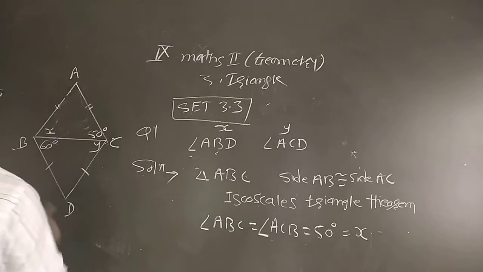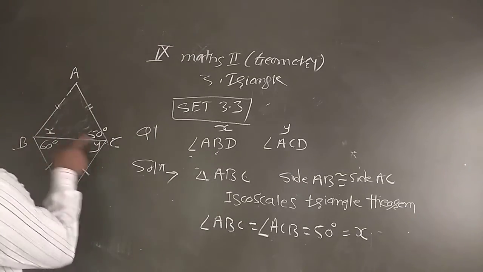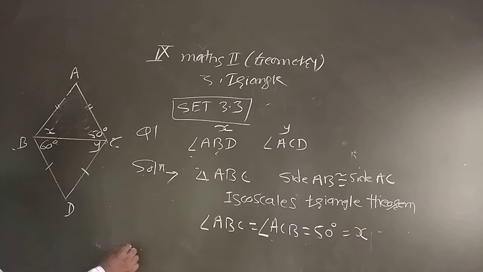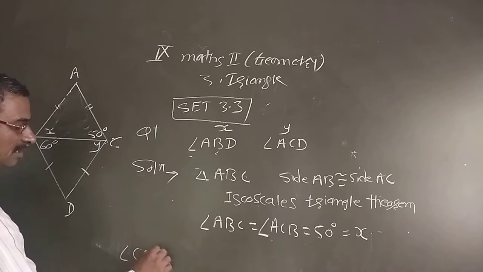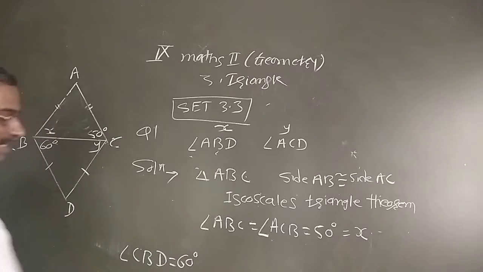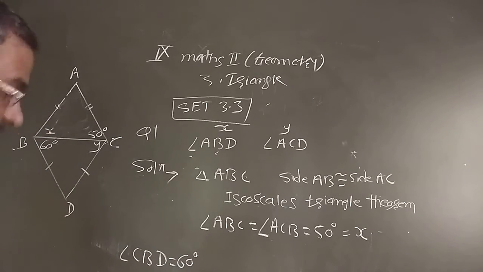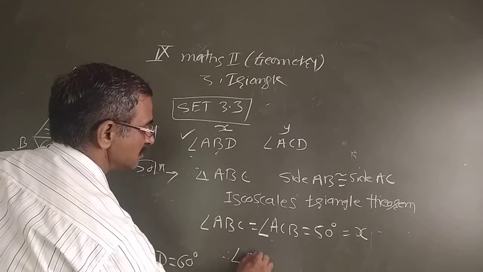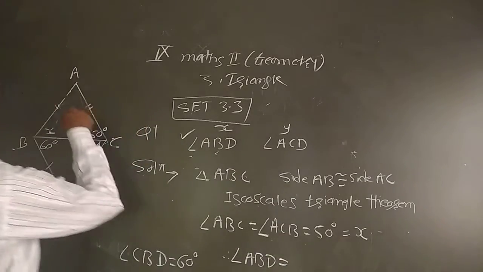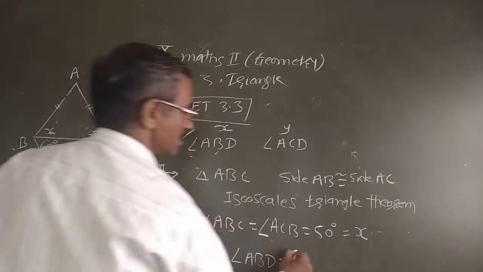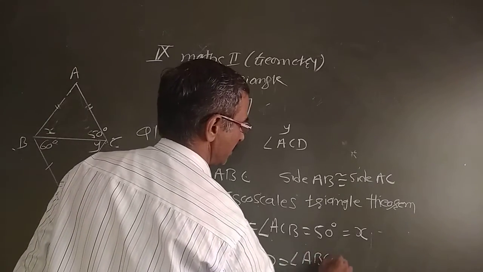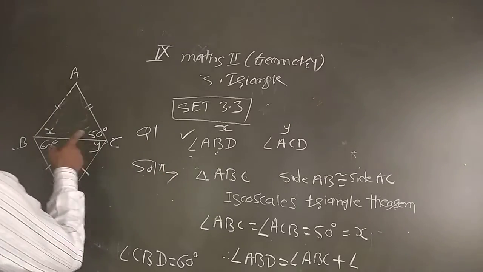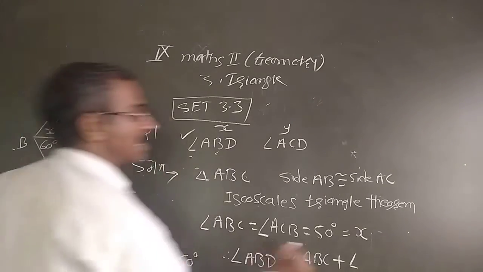Angle CBD is given here as 60 degrees. We want to find the value of ABD. ABD is the sum of the two angles, angle ABC plus angle CBD.